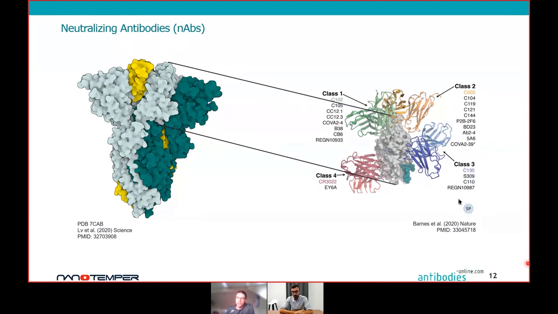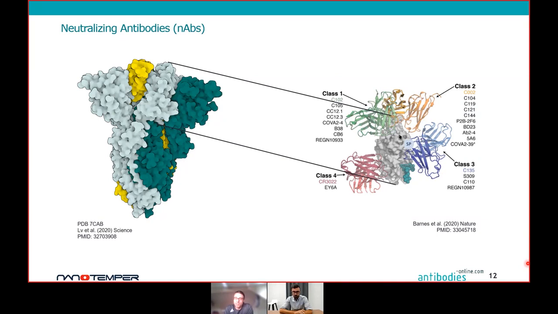or 3. An antibody attached to these areas of the RBD interferes with binding of the ACE2 host cell receptors. This can be sterically or also by directly blocking residues. Of particular interest are the class 2 antibodies, indicated here in yellow, because these antibodies actively block the receptor binding motif, or the RBM, which is in this area here.